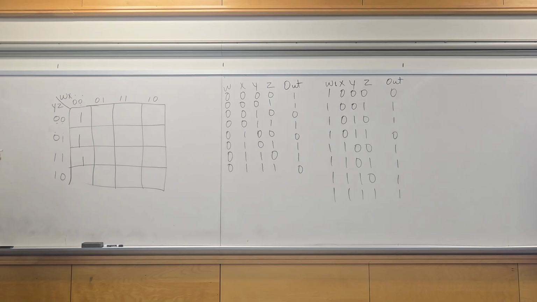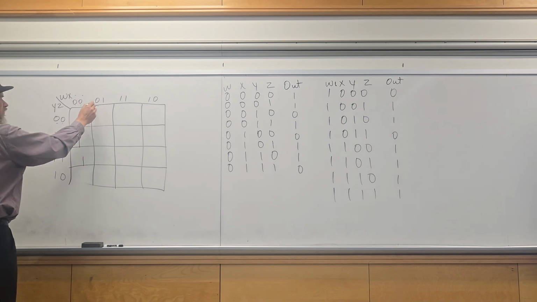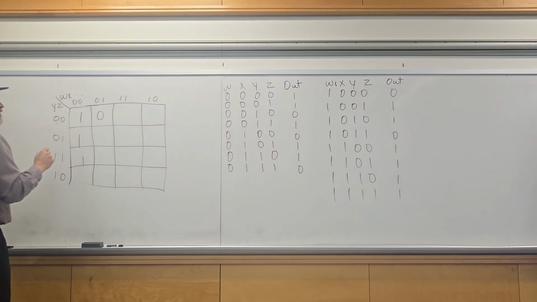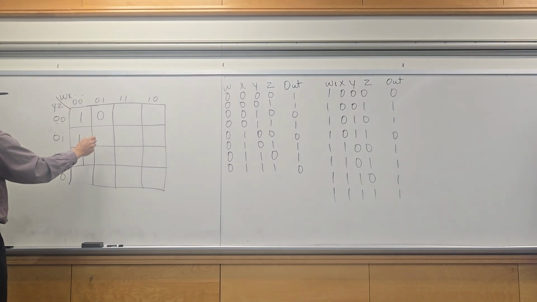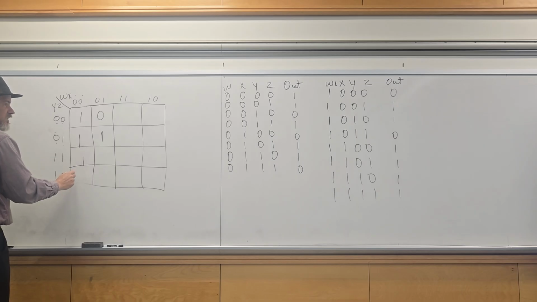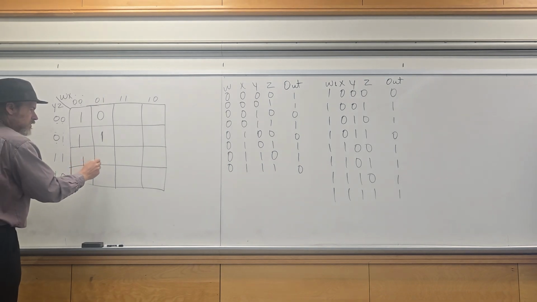I'm sorry, next is 0, 1, 0, 0. 0, 1, 0, 0 is going to be a 0. 0, 1, 0, 1. 0, 1, 1, 0 is there. 0, 1, 1, 1 is a 0.